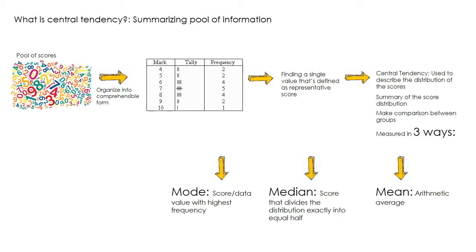And finally, the mean. Mean is the arithmetic average. We always use this average. What is the average height of a person in your class? That means we take everybody's height and then take the average out of it. So mean is the term that we use in statistics to represent the average.